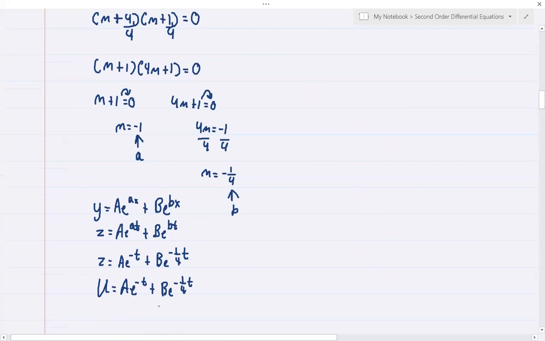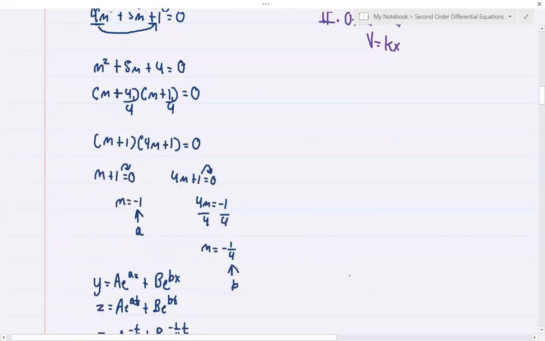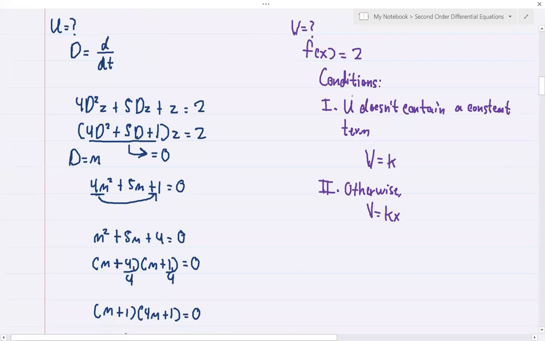Your u is ae raised to negative t plus be raised to negative 1/4 t. Since there's no constant term here, we will use the first condition: your v is equal to k.